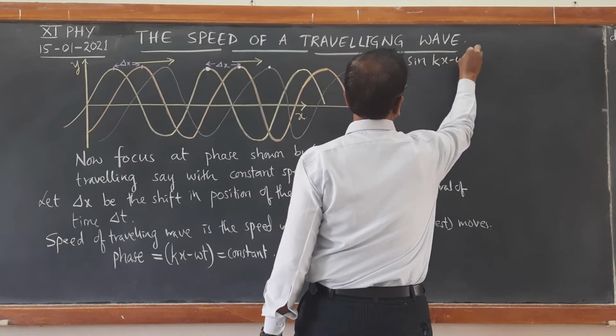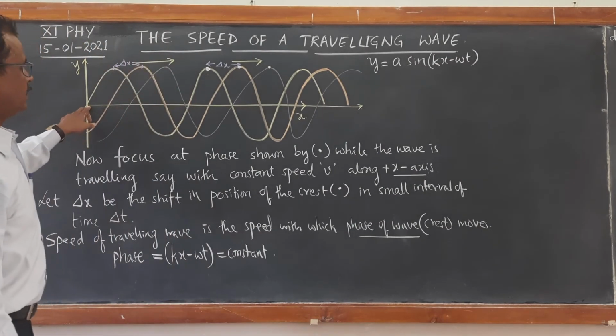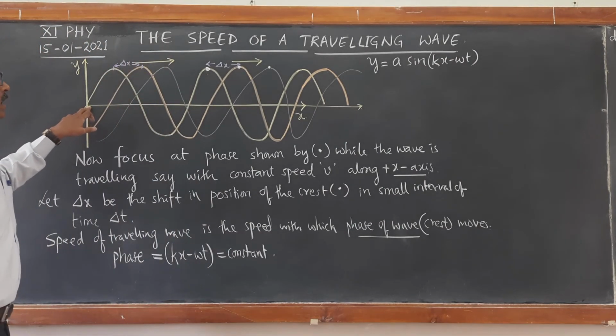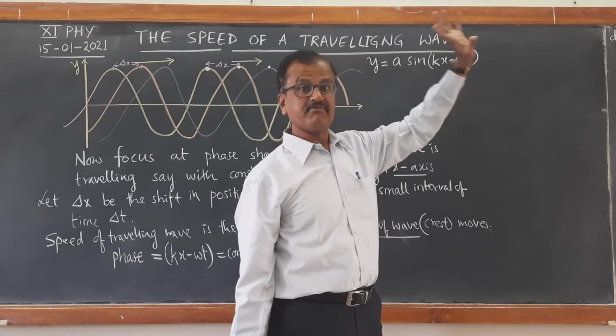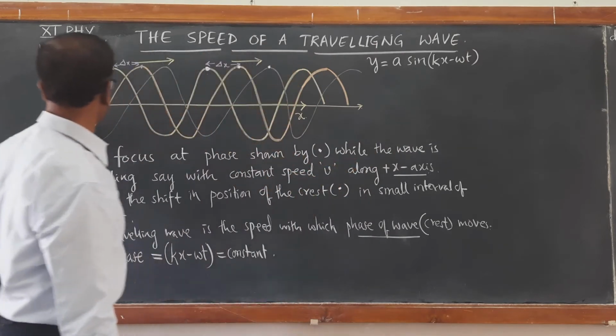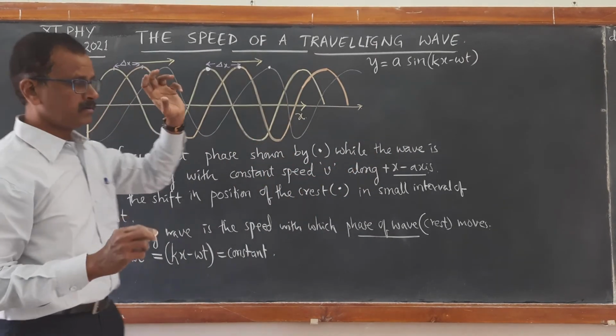kx minus omega t. So at origin, at x equal to 0 and t equal to 0, the phase is 0. So I have taken the initial phase phi equal to 0. So it started from origin. So there is no problem of taking phi.